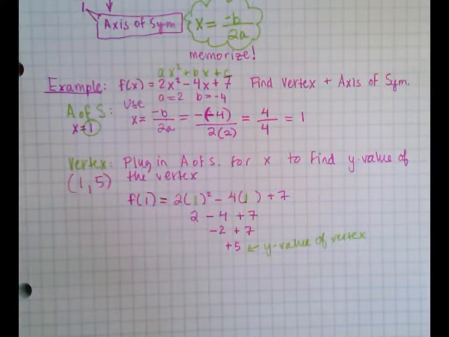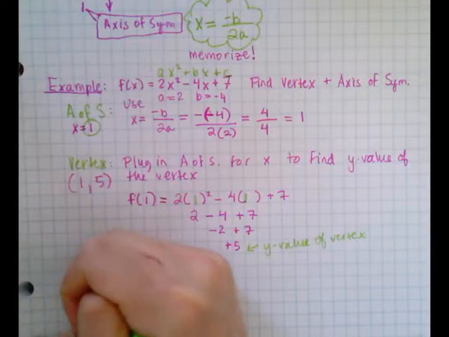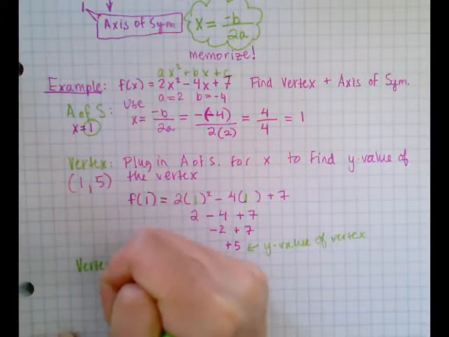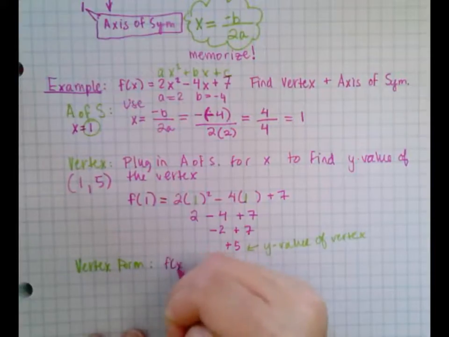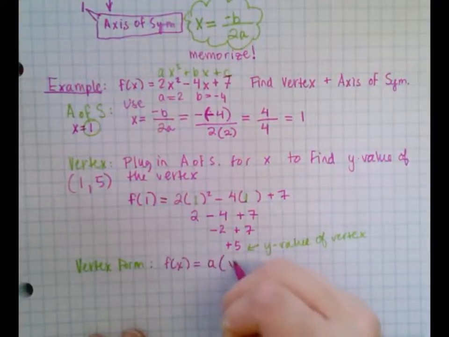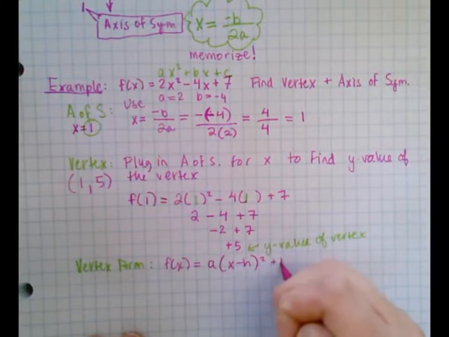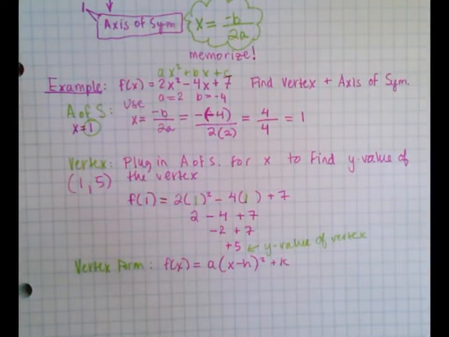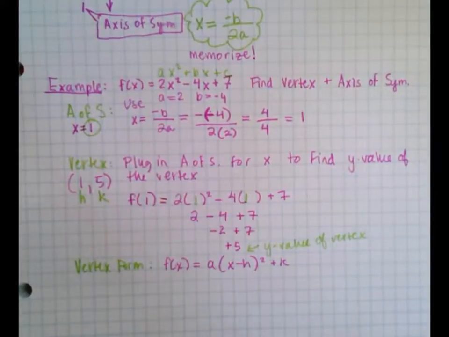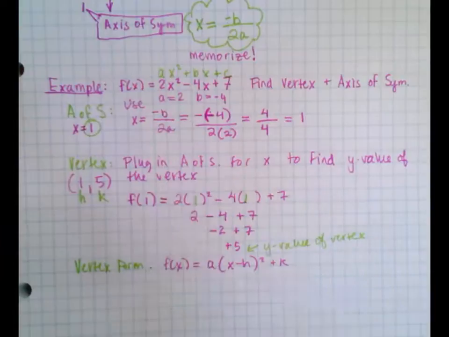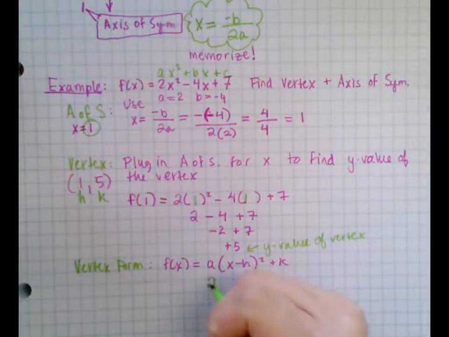The vertex form here would be f of x equals a(x minus h) squared plus k. Remember, h and k are the x and y values of your vertex, so h should be 1 and k should be 5. The a value up front should be the same a value as in standard form, so that's a 2. So I'm plugging a 2 in for a.